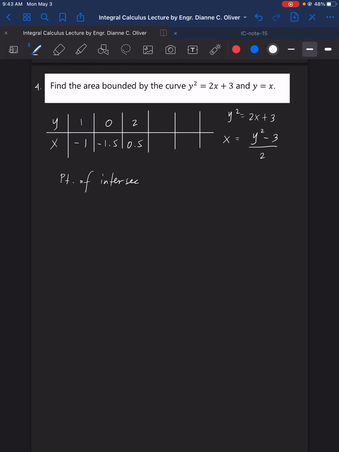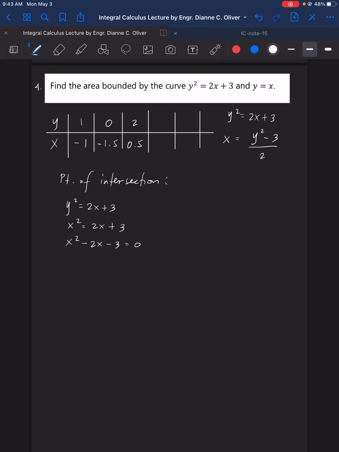Okay, so let's find the point of intersection of the two boundaries, the line and the curve. So y squared equals 2x plus 3. If y is equal to x, so x squared is equal to 2x plus 3. So we have here x squared minus 2x minus 3 is equal to 0.